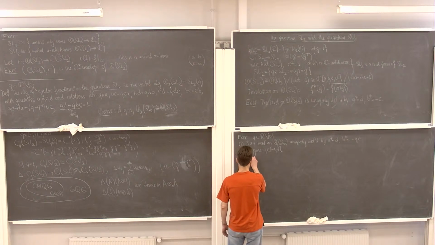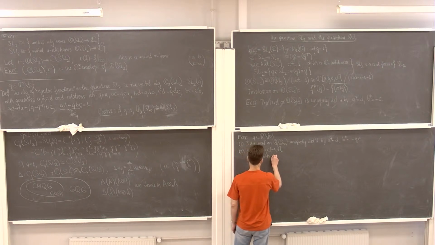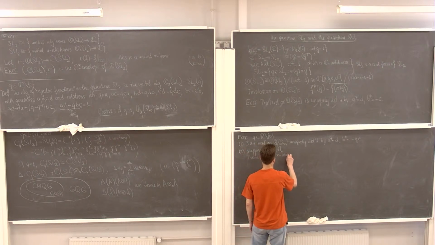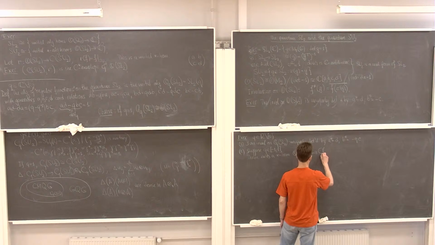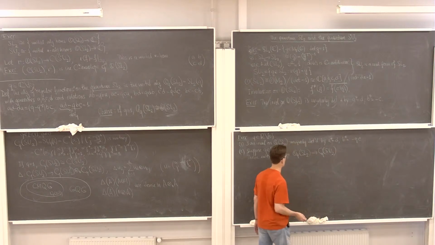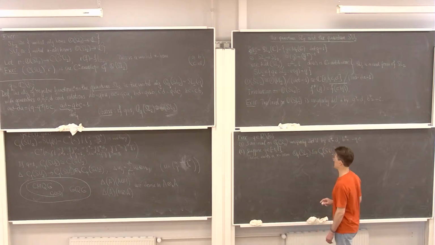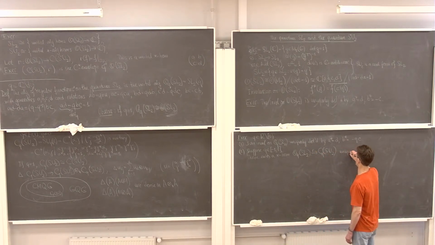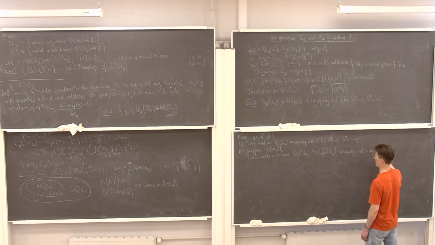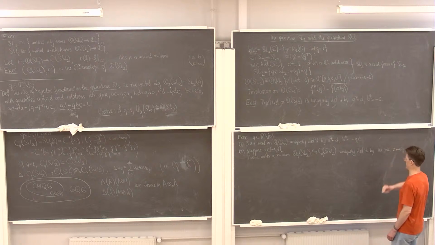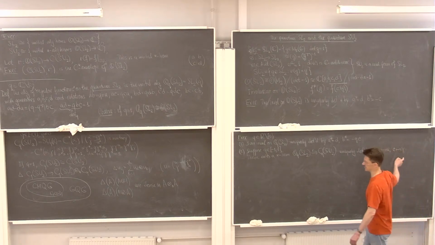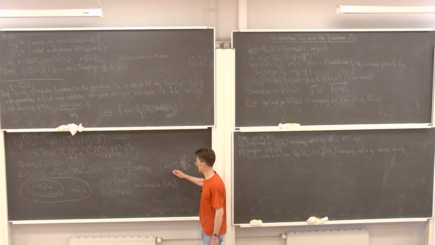And I claim that there exists a star homomorphism from the quantum SL2 to the algebra of continuous functions on the quantum SU2, let's denote it by R, uniquely determined by the following property. It takes A to alpha and C to gamma, where alpha and gamma are the canonical generators of the quantum SU2.